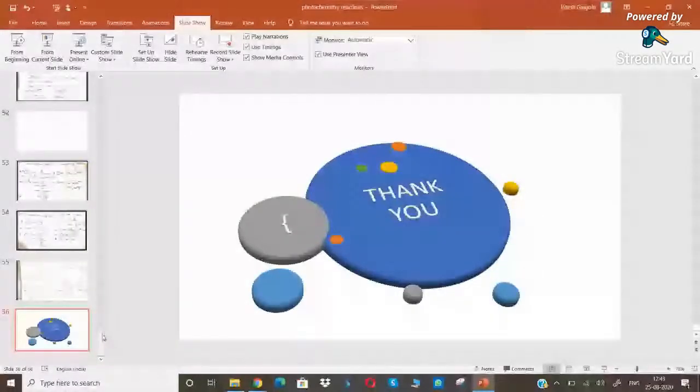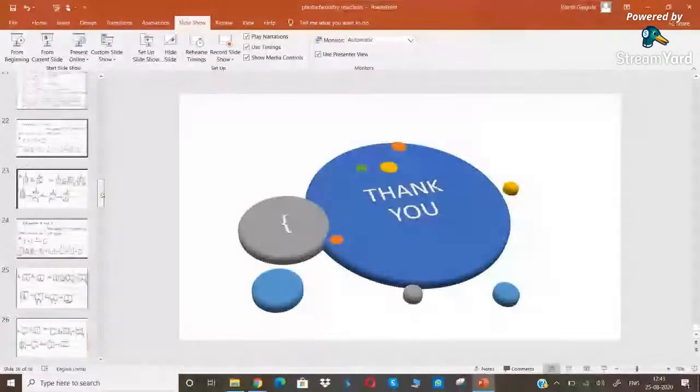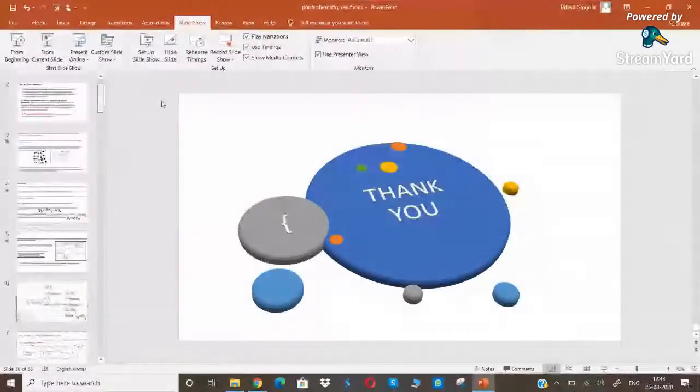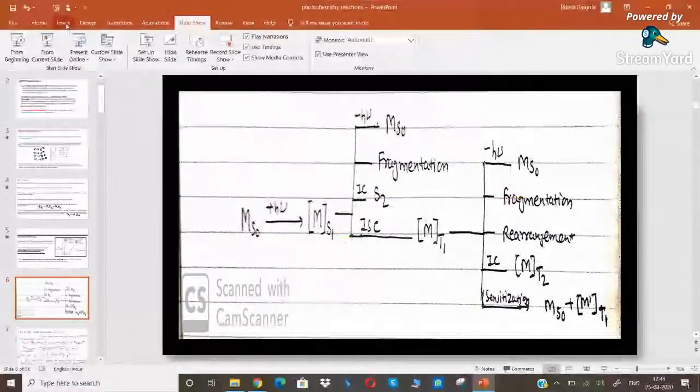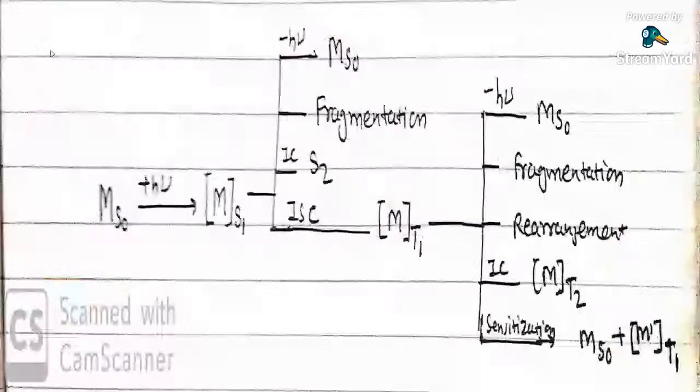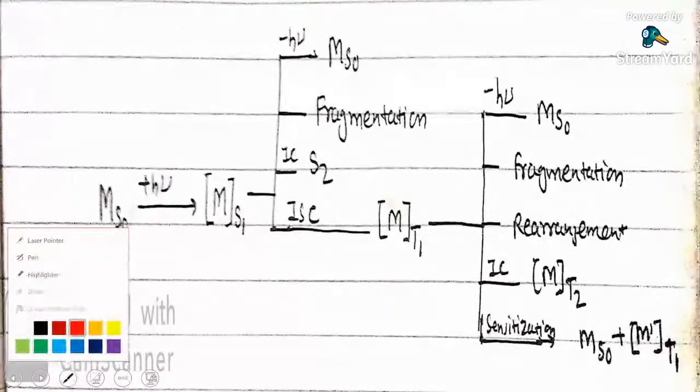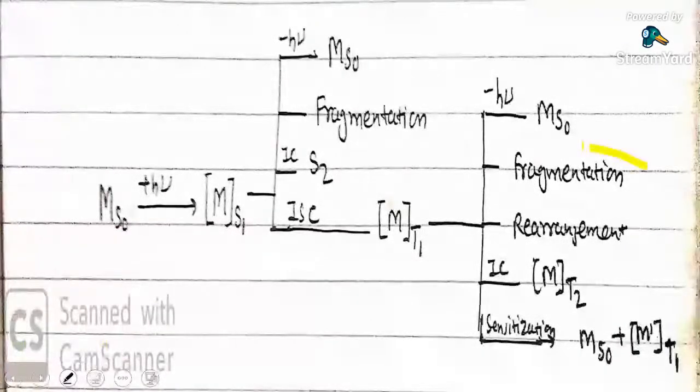So basically, which reactions have we studied in this? Let's revise all those. Our focus was mainly on fragmentation reactions, which are Norrish type 1 and Norrish type 2, and rearrangement reactions.